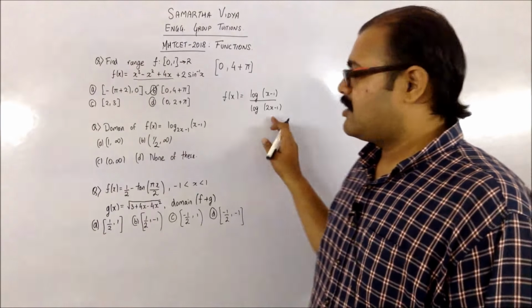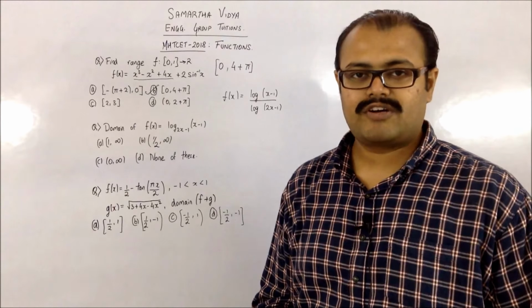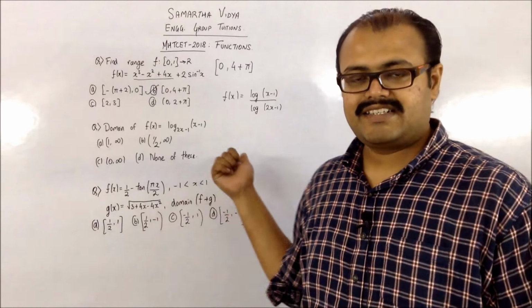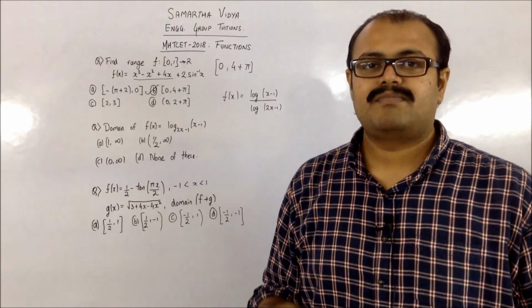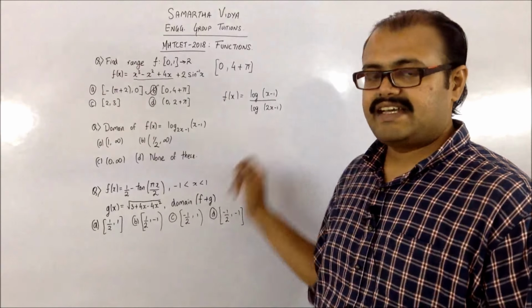Now for log, you have to understand that log of a negative number is not defined for now. When you go for higher studies, you will get the definition of negative logs also. But for our convenience, we are not going to consider negative logs.